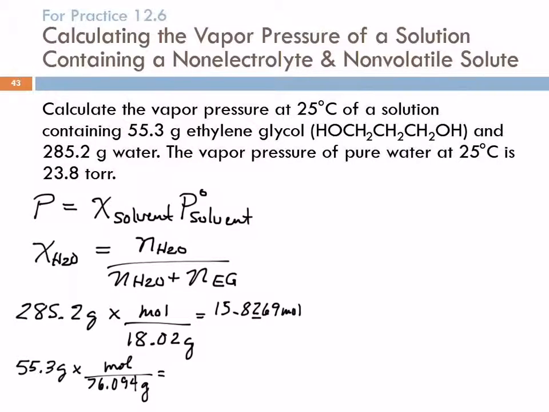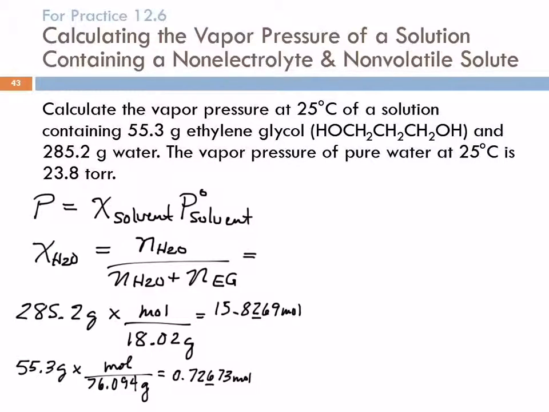Anybody else get that molar mass? Thanks. 55.3 divided by 76.094 gives 0.72673 moles of that.